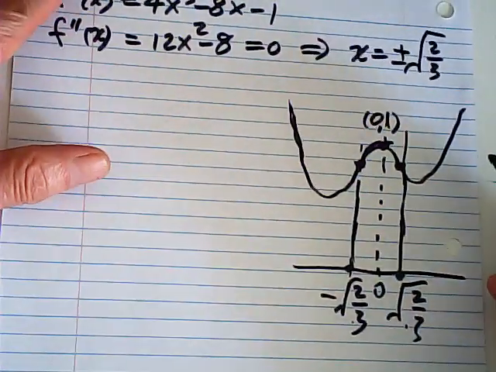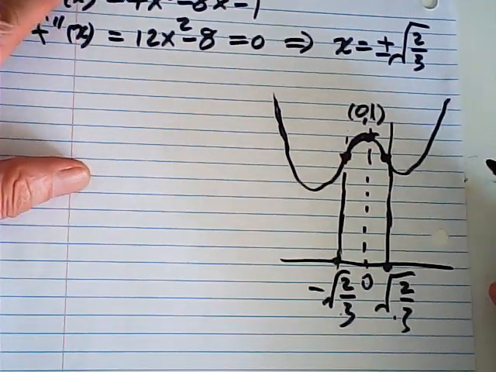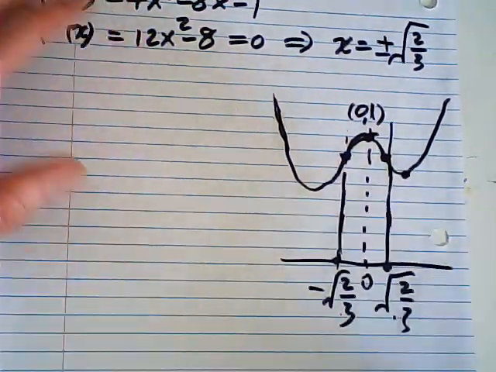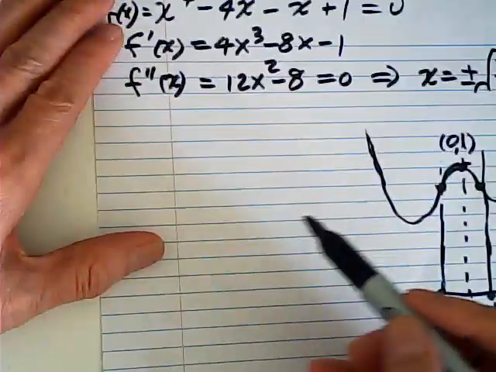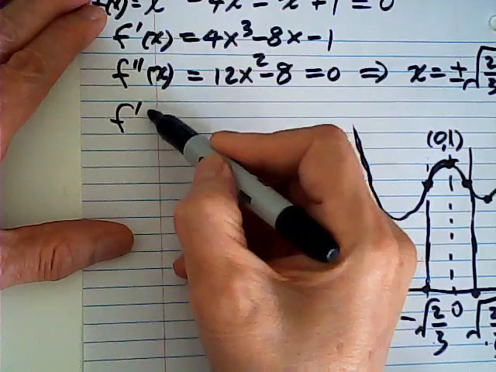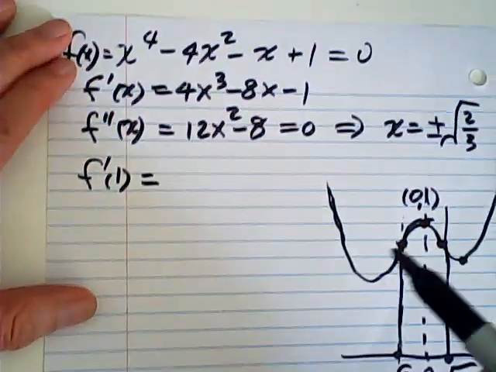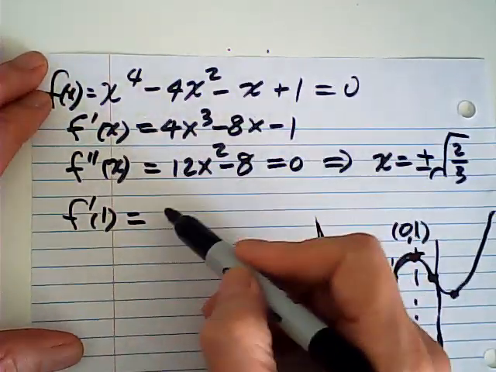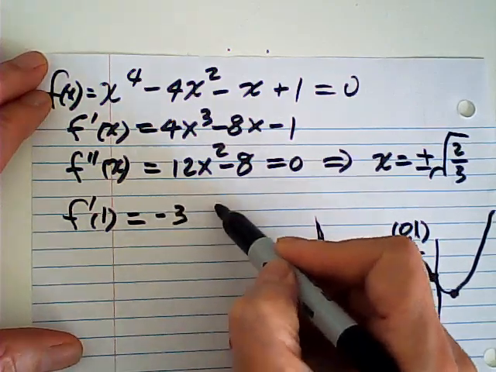Now then, we analyze this point. We know that f prime of 1, we simply plug the value in, right? You get -3.